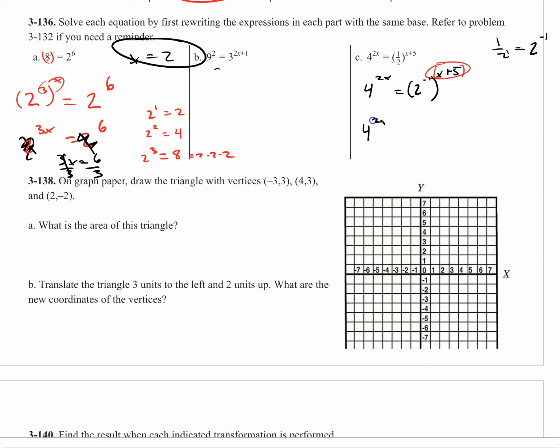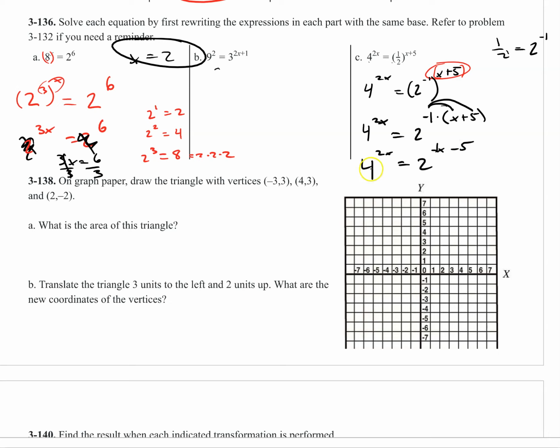So I have 4 to the power 2x equals 2 to the power negative 1 times x plus 5. Let's distribute that negative 1. So that's 2 to the power negative 1x, and then negative 1 times 5 is negative 5. So let me just write this as negative 1x minus 5.